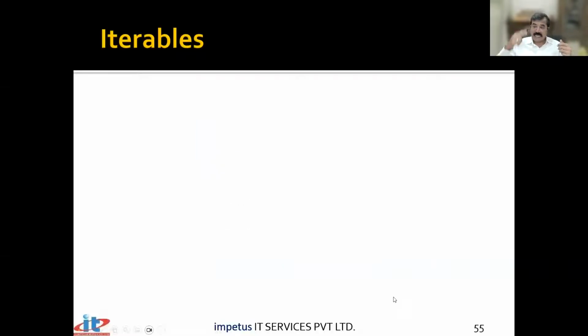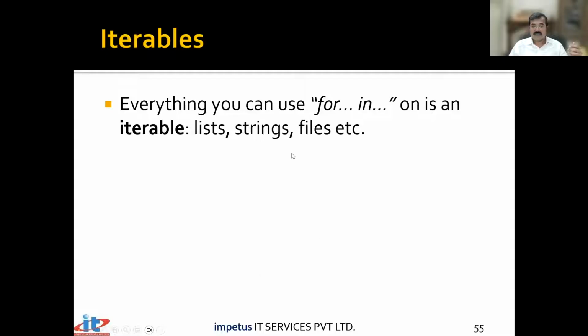When I say iterate, it means repeat, like loops: you iterate over a set of elements, you move over the set of elements. So we have iterable, something that can be iterated over, something through which we can move. Anything that you can use in a for-in loop is iterable: list, string, files, and so on.